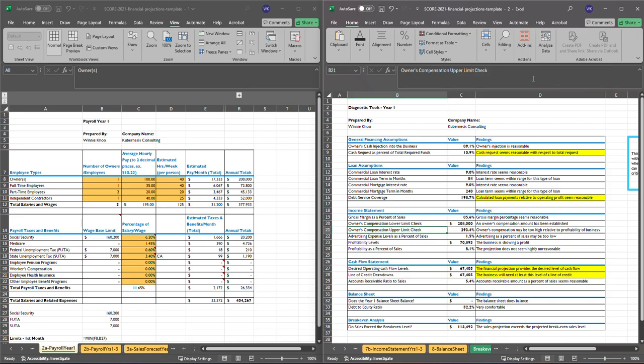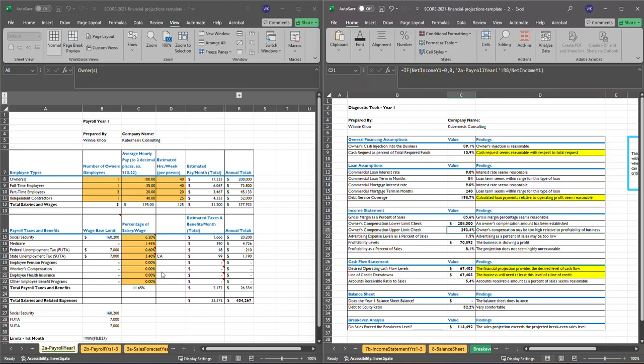Now, going to the owner's compensation upper limit check, that's interesting. If it's greater than 1 or 100%, which is what I have, I'm at close to 300%, the owner's compensation may be too high relative to the profitability of the business. So where is that coming from?